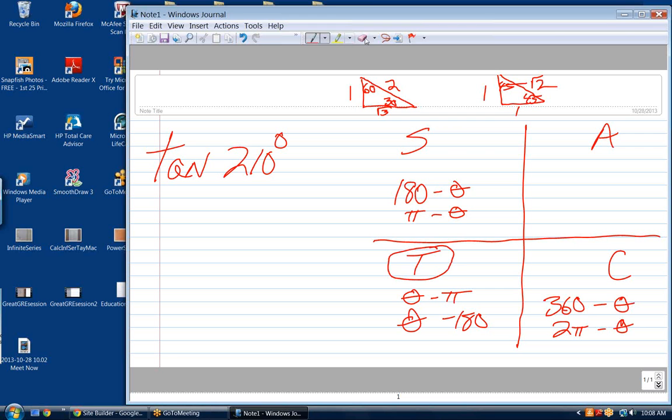Okay, and it's the equivalent of what first quadrant angle? Use that definition right there because we're in the third. So take 210 minus 180, which is 30 degrees. So 30 is its equivalent. Now what's the tangent of 30?